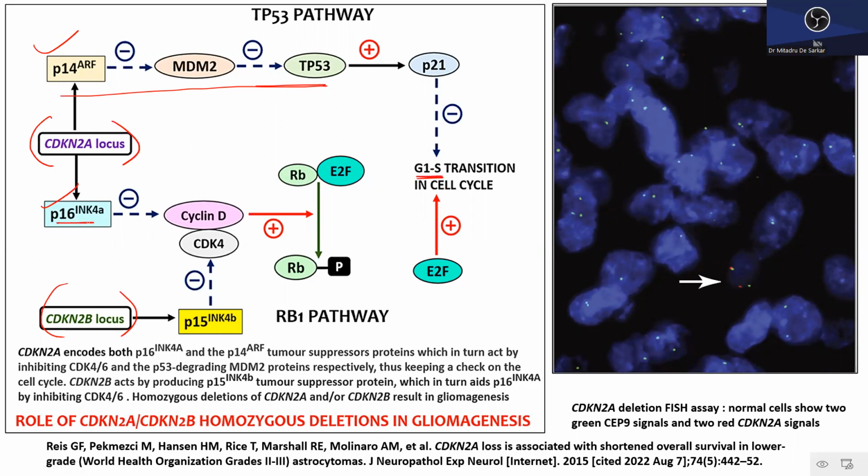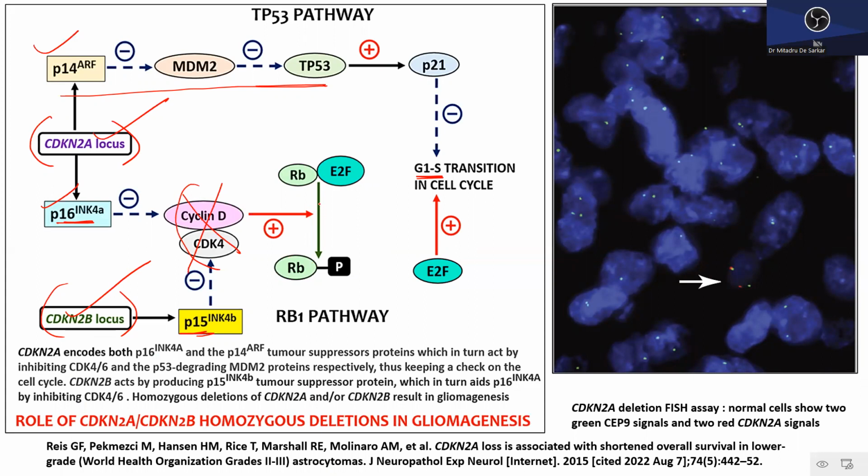On the other hand, P16, encoded by CDKN2A, and P15, encoded by CDKN2B, inhibit the cyclin D-CDK4 combination, as a result of which the RB pathway gets blocked and the cell gets arrested in the cell cycle. Obviously, if there is a homozygous deletion of these two loci, you will have loss of these tumor suppressors.